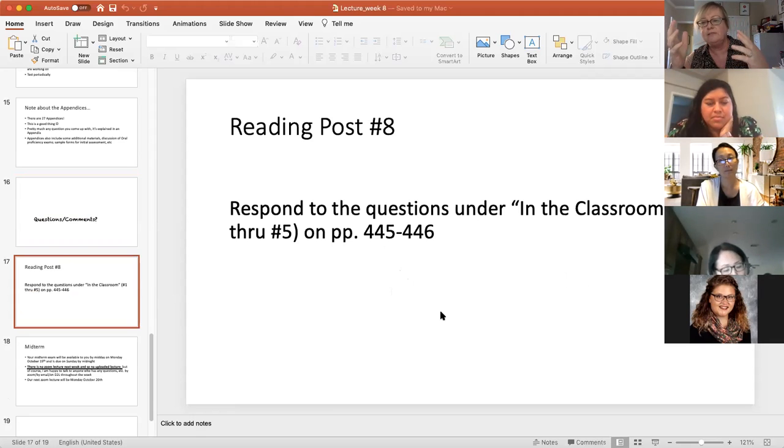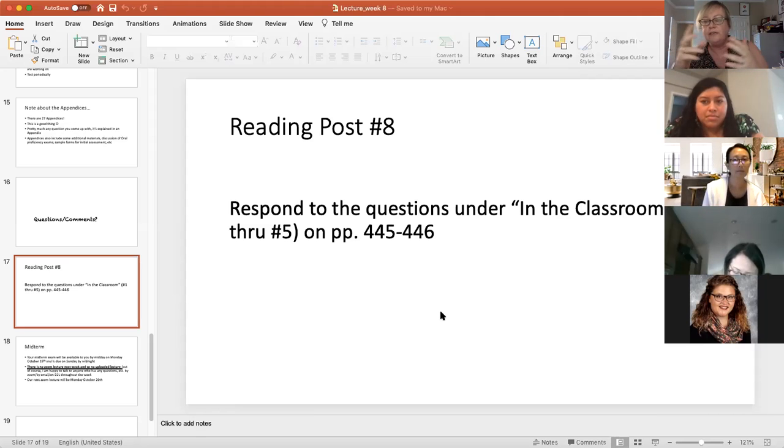If the question is that every time your student spells X, they spell it like this, what do you think is happening and what should you do? The idea is to make you go back and look it up in the chapter, to remind you of that information. So go ahead and do that when you respond to those questions.